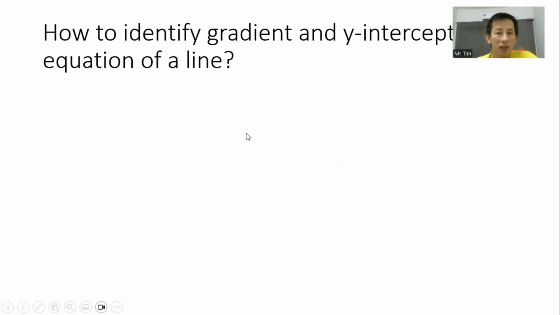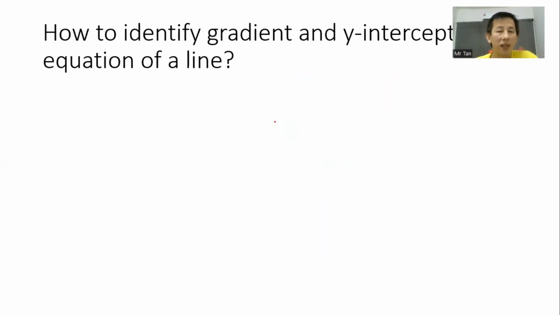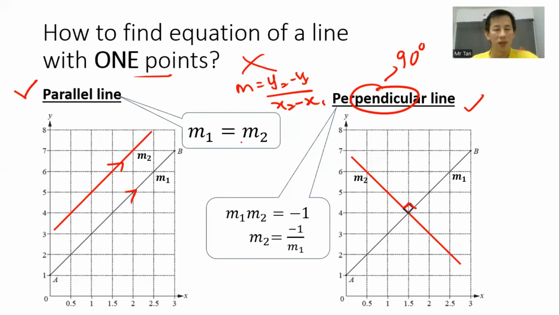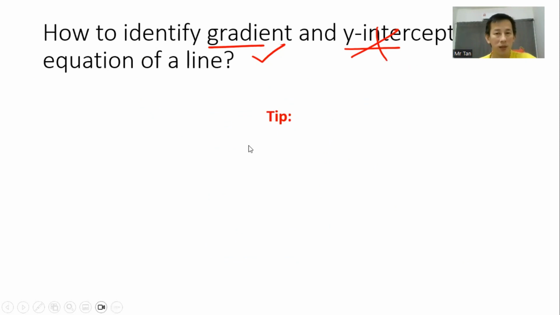First, in order to do this, we need to identify the gradients and the y-intercept. The y-intercept is not so important, you need to know the gradients so that we can use m1 equal to m2, or m2 equal to -1 over m1. Here is the tip to find the gradients.